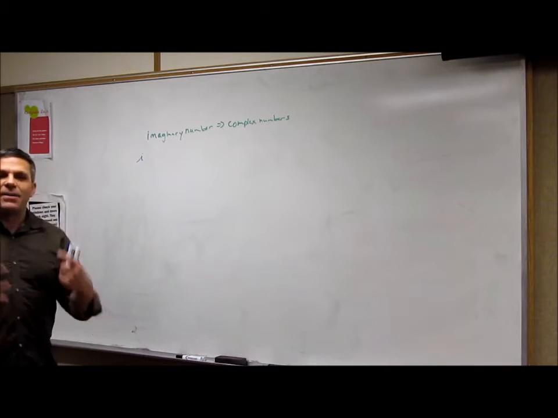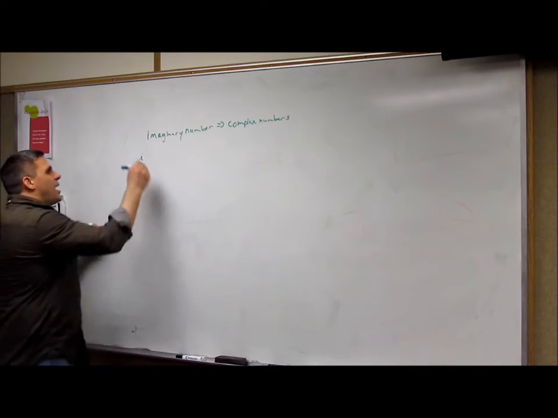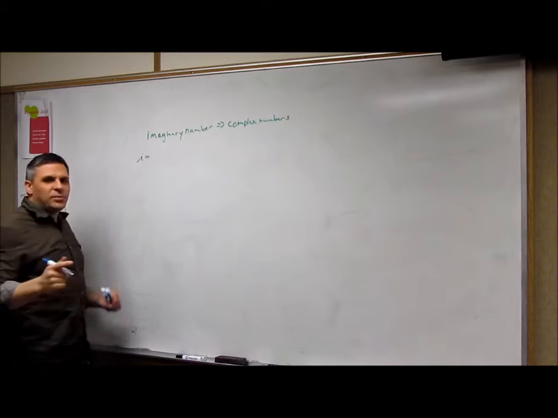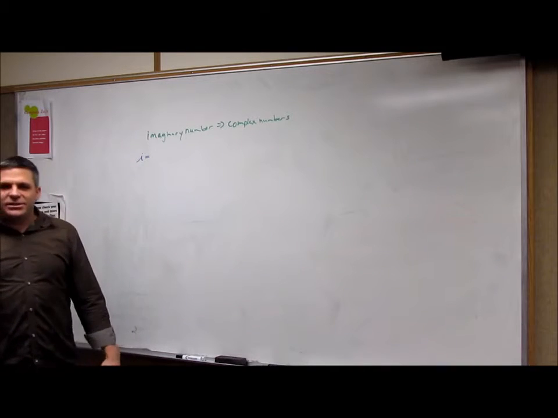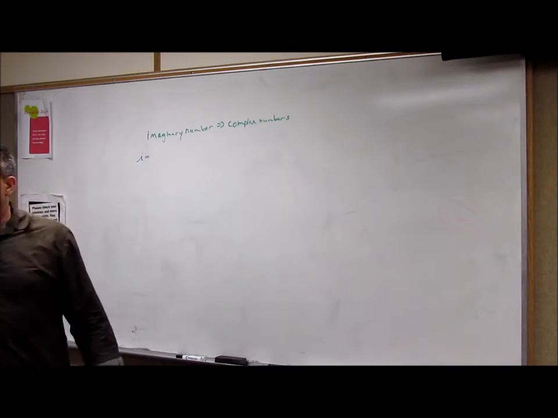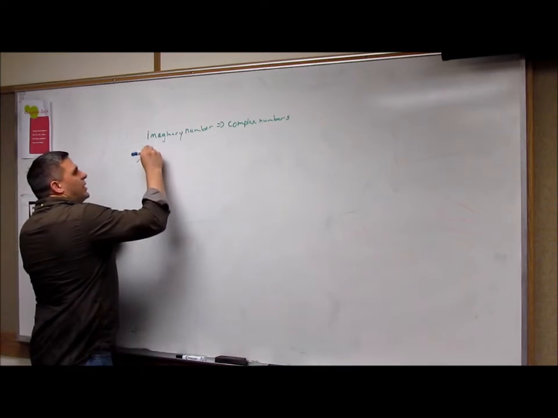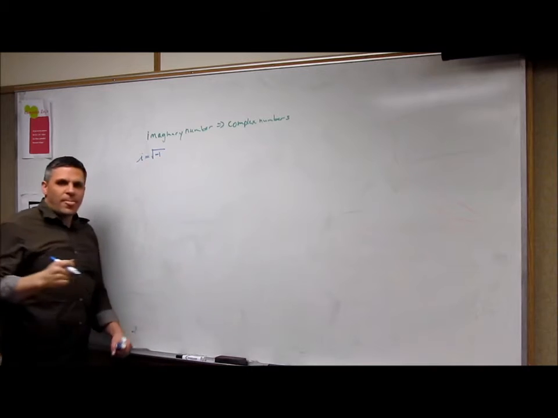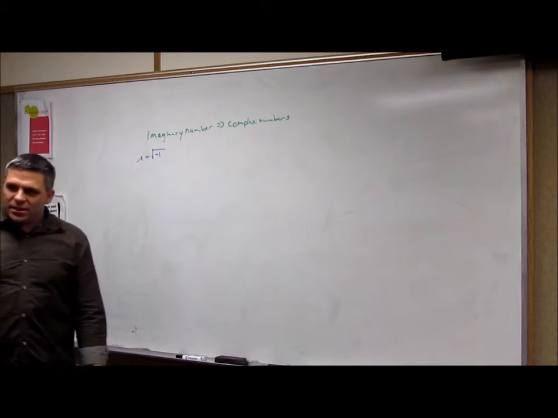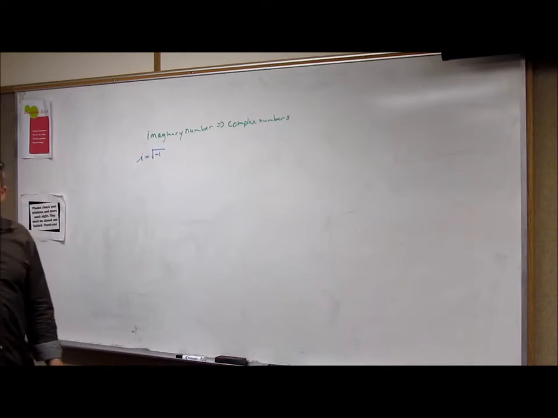So what does i mean? i is equal to the one thing pretty much every teacher told you didn't exist or you couldn't do, and that is the square root of -1. i equals the square root of -1.